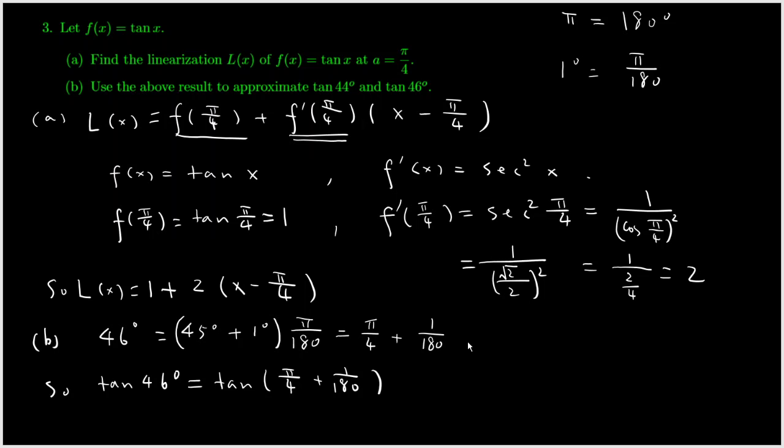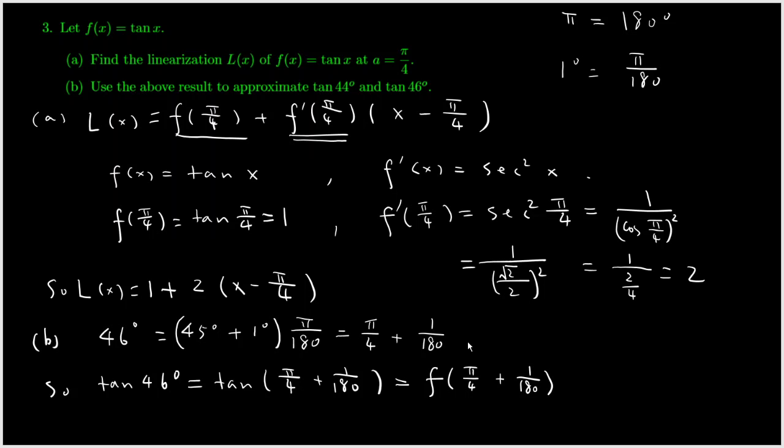Now we connect that to the function. It's actually the value of the function. You have to connect the value you want to approximate to the function. It's the value of the function at pi over 4 plus 1 over 180, right?